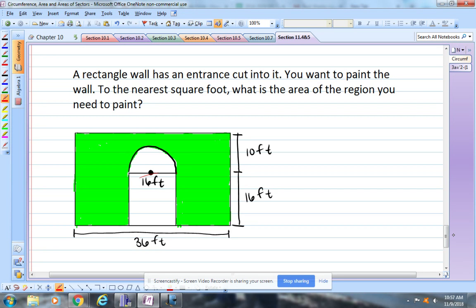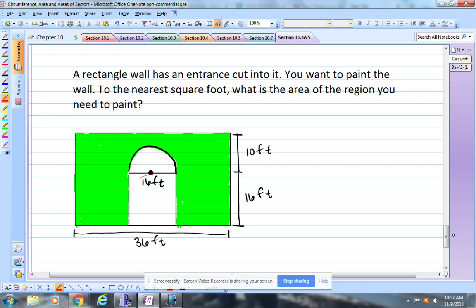I've got a rectangle right here. Technically, it's a square because I'll just measure up to 16 feet. So it's actually 16 by 16 feet. And then a half a circle. So we've got to find the area of this square and this half a circle, and subtract it from the area of the whole rectangle.